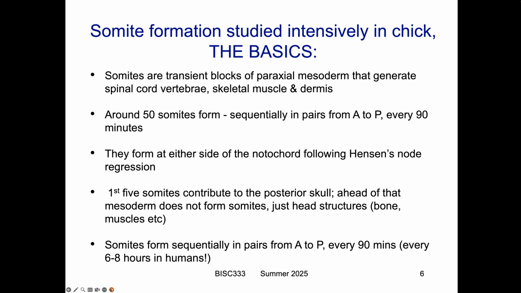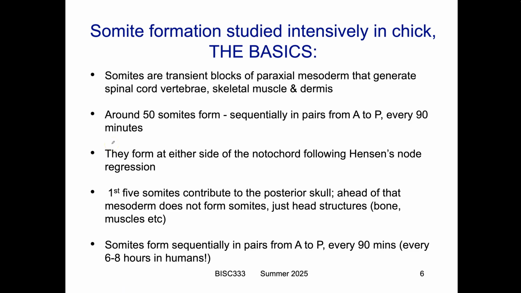And so each somite gets different signals that tell the different parts of the somite what they're going to form, and then the block kind of comes apart and starts moving around to the correct location. So that's why we talk about those as transient structures.